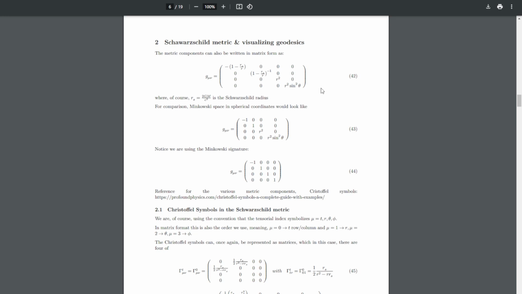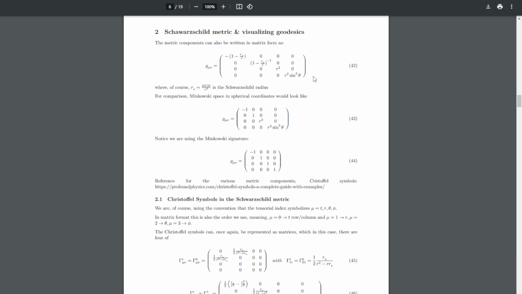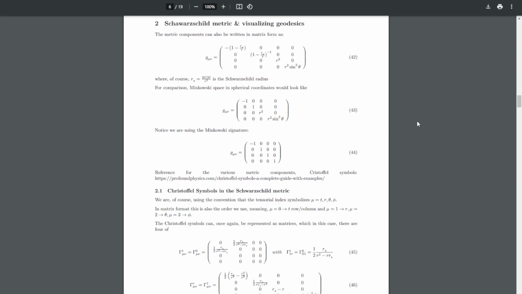And also we don't have any dependence on time, and that also indicates an invariance, which will be useful later on in calculating the equations of motion. Essentially, if we don't have a phi dependency in the metric, that means that our angular momentum is conserved, and if we don't have any t dependency, that means the energy is conserved generally.